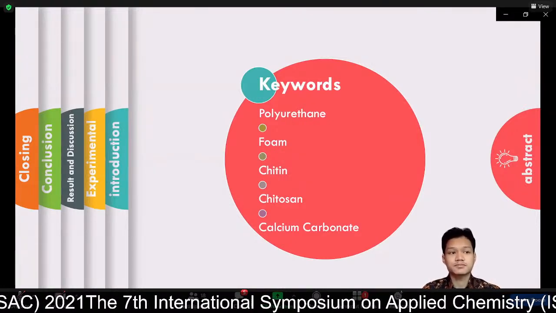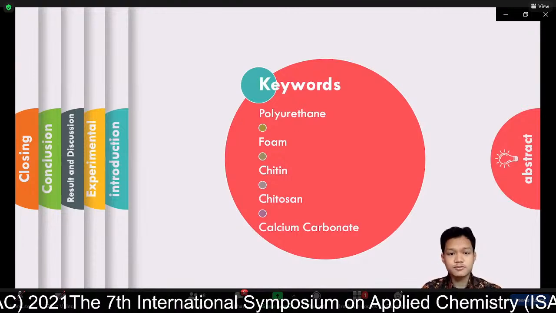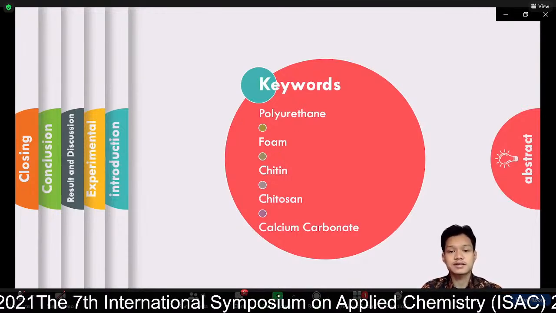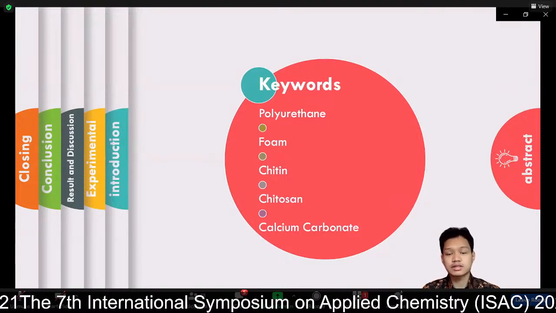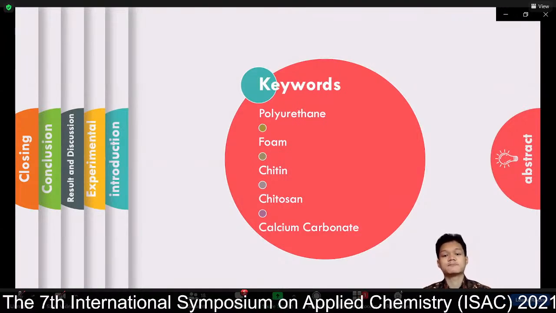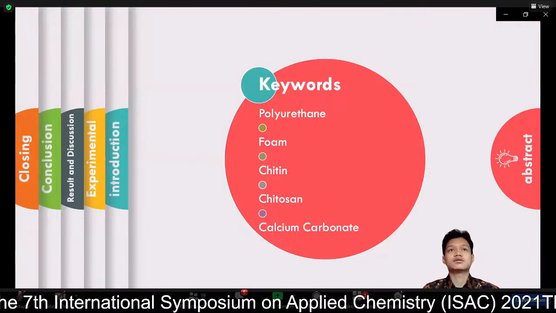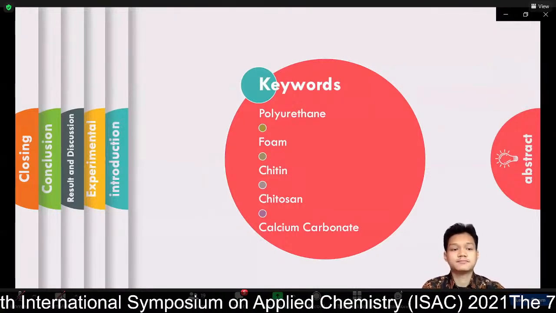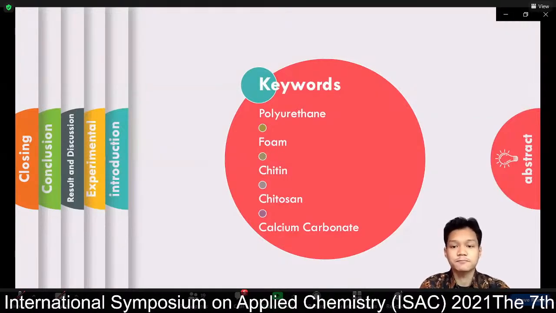Therefore, we make an innovation using chitosan, which is marine waste that we can use for a coating, and calcium carbonate, which is good as a filler, and the result is cheaper than high density polyurethane foam.